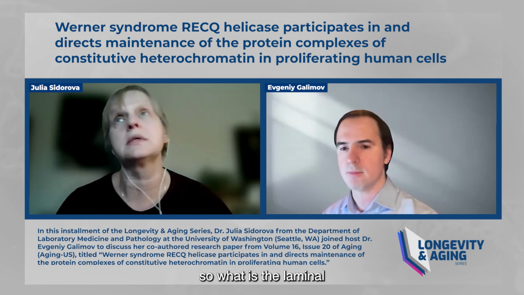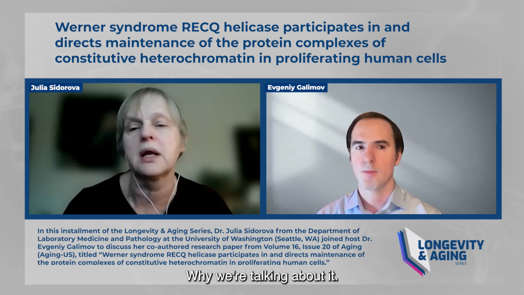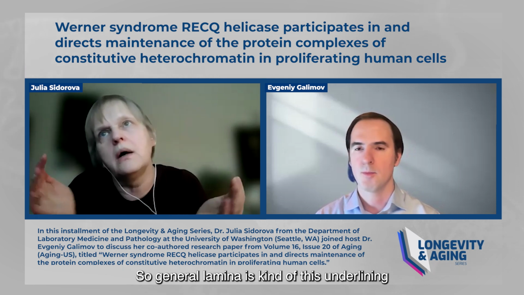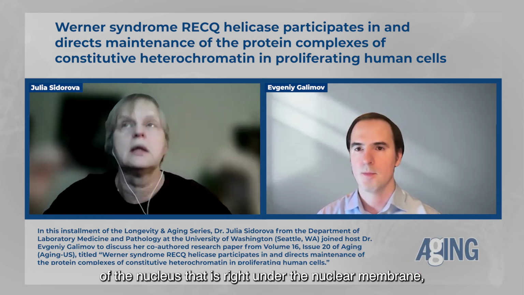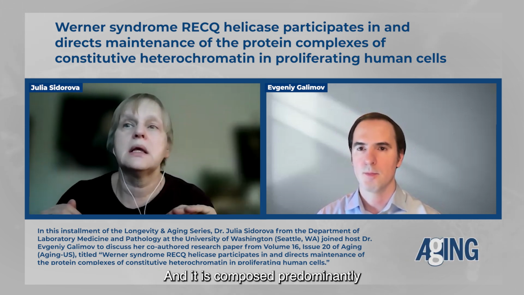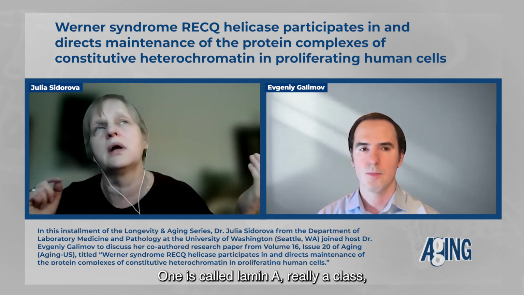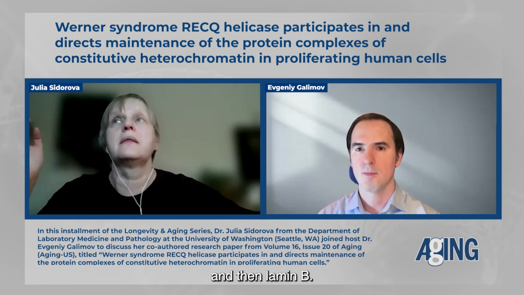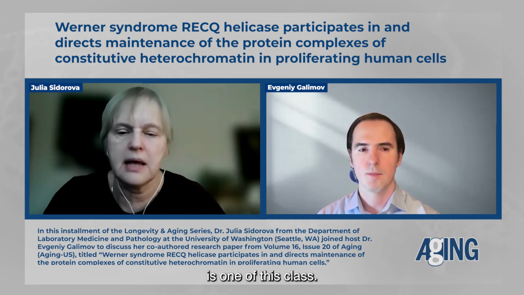So what is the lamina and how does it connect to heterochromatin? Why are we talking about it? Generally, lamina is an underlining of the nucleus right under the nuclear membrane. It is composed predominantly of two types of lamins. One is lamin A, a class, and then lamin B. Lamin B1 that we're talking about is one of this class.